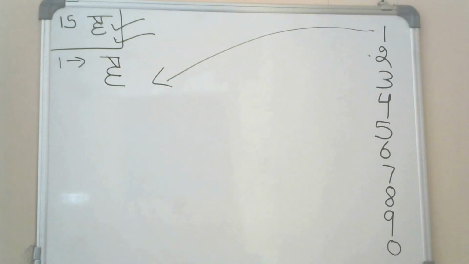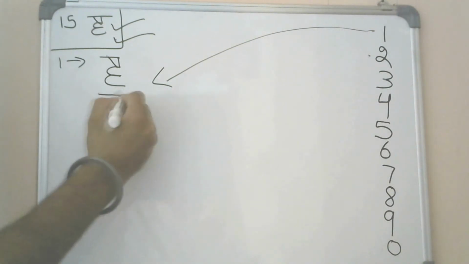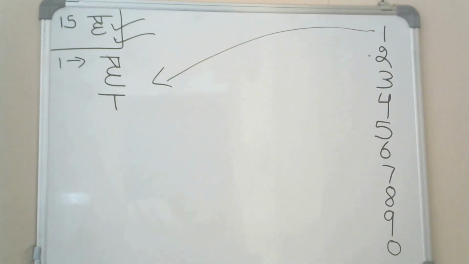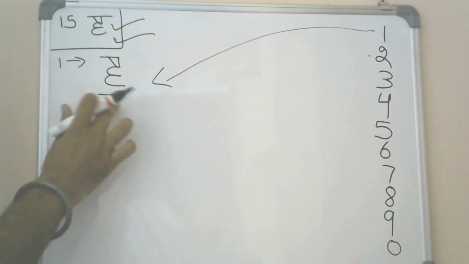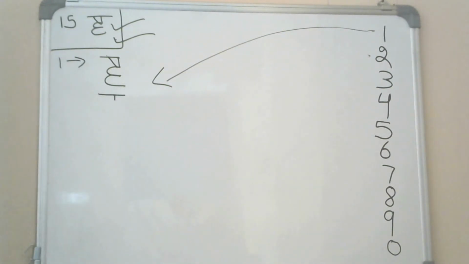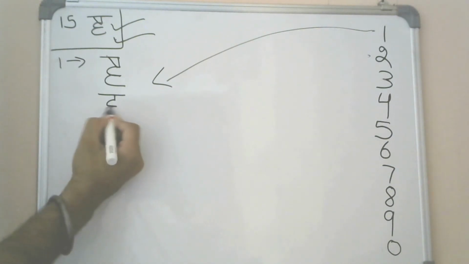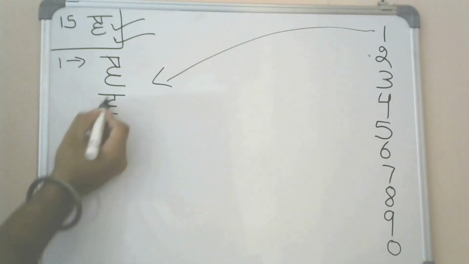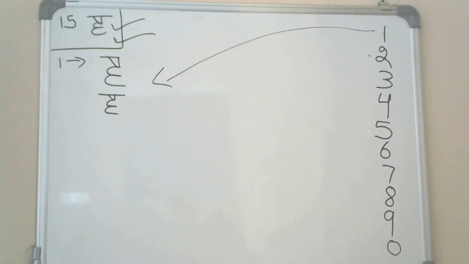So let's write it again. I will have a line, then 1, then I will have a C, again a C, then a line. So this will be Yaya. Similar letters.